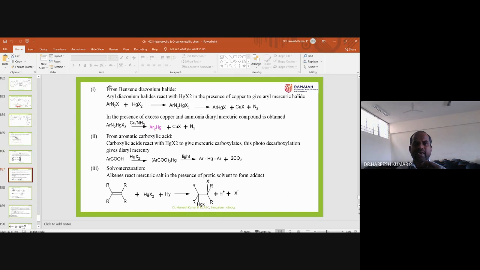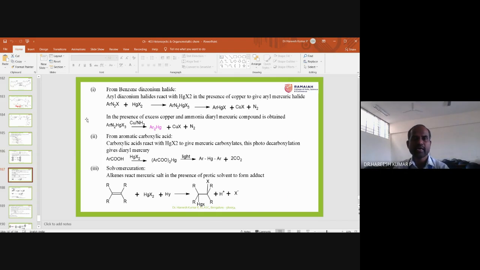In the next slide, I am discussing the preparation or synthesis of organomercury compounds, mercuric halides, starting with diazonium salt. So what is a diazonium salt? Compounds containing N2X are called diazonium salts.